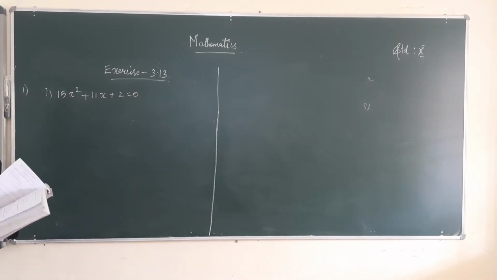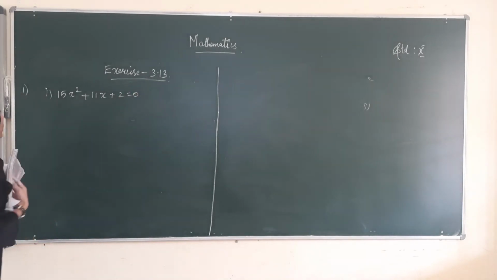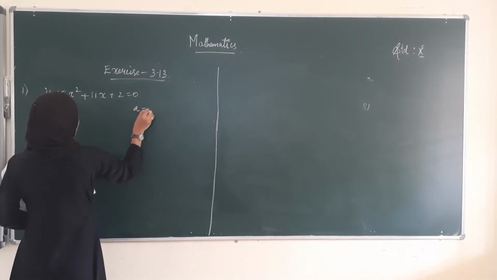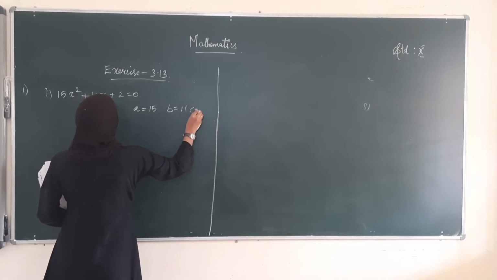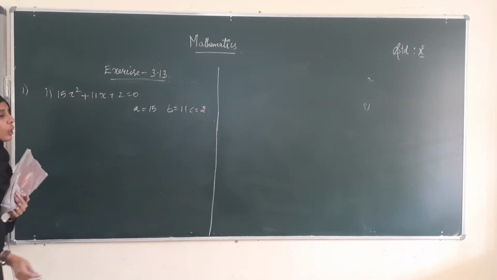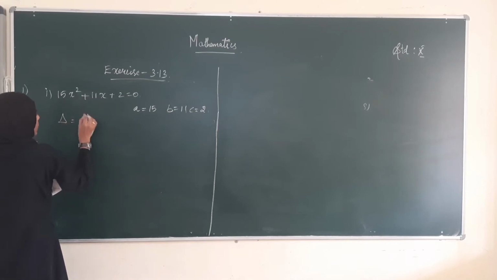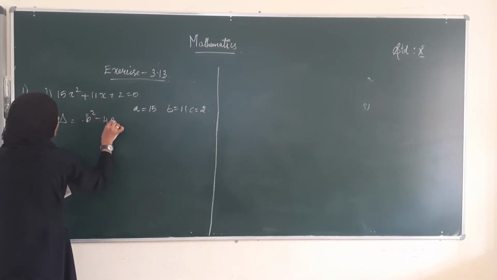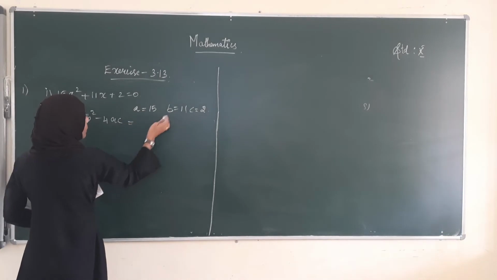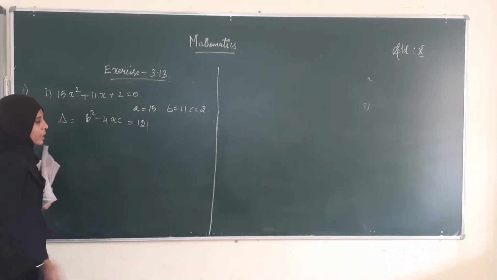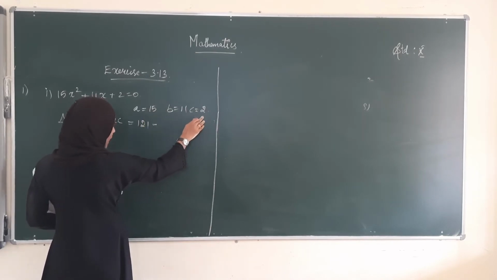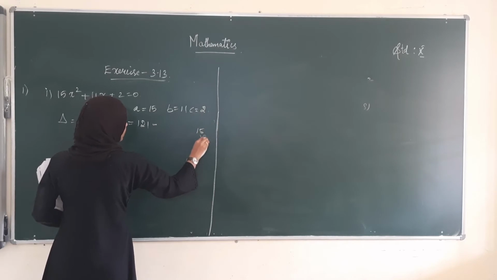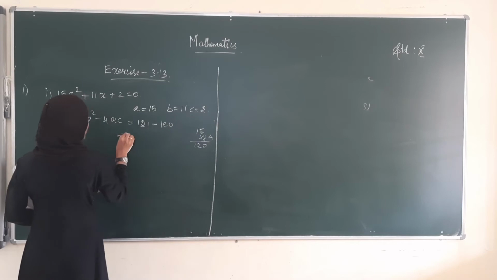How do we find the nature of the roots? We have to find the discriminant value. For finding the discriminant value, we want the values of a, b, c. A is 15, b is 11 and c is 2. Discriminant is equal to b squared minus 4ac, which is equal to 11 squared, that is 121, minus 4 into a into c. 4 2s are 8, 15 into 8 is 120, which is equal to 1.